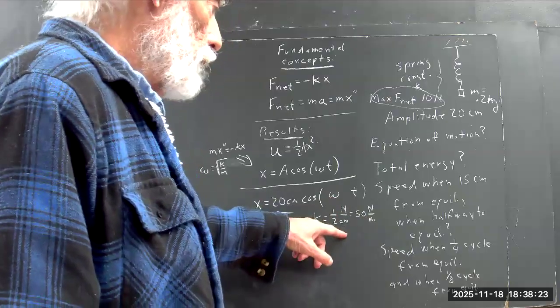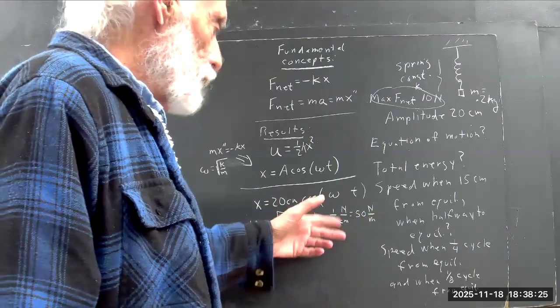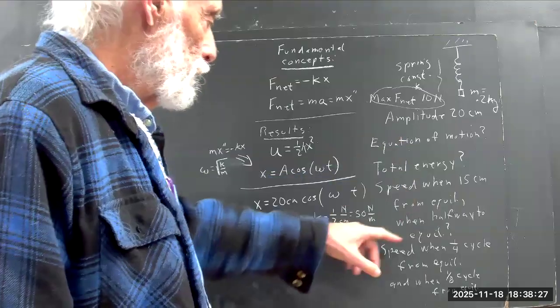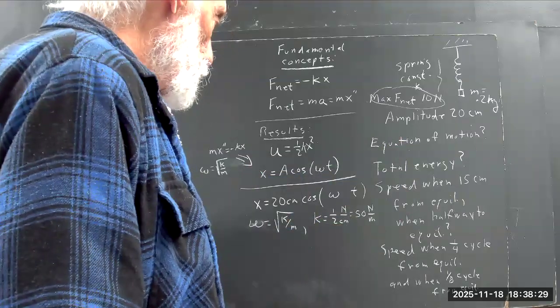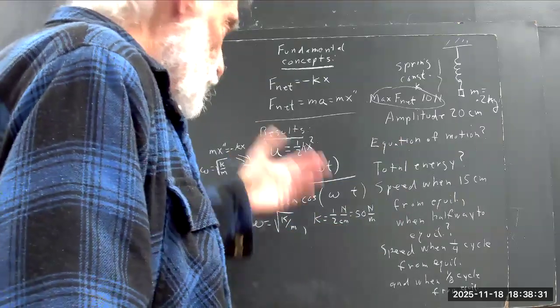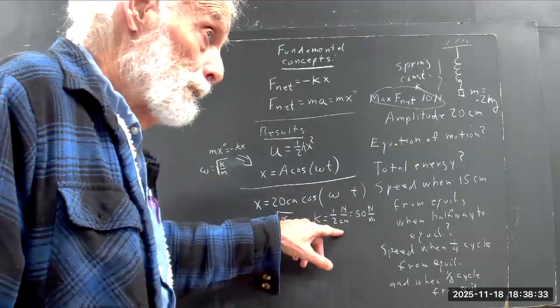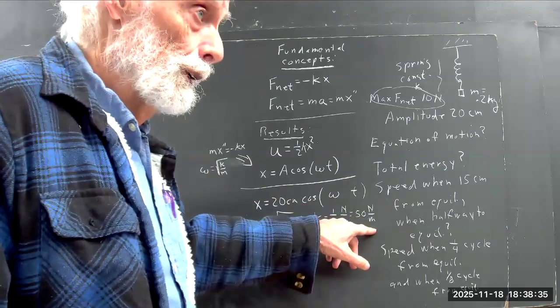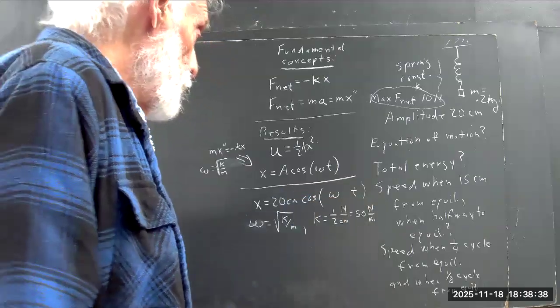If you get half a newton for every centimeter, then in a meter, which is 100 centimeters, you're going to get 50 newtons.